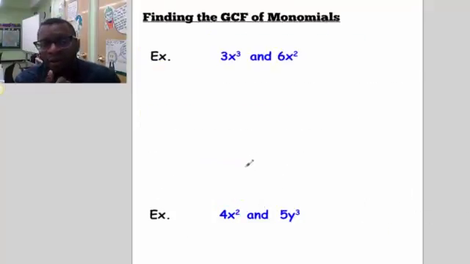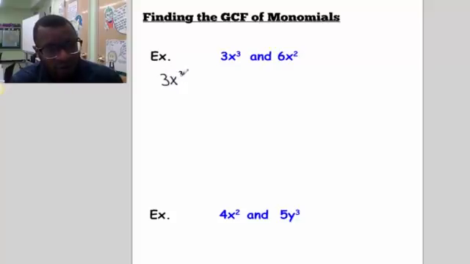Okay, now let's look at an example where we have to find the greatest common factor of a monomial. Right now we've seen how to do it with whole numbers. Now we want to transition that into finding the GCF of monomials, trinomials, and binomials. Okay, so now if we had 3x cubed and 6x squared, and I asked you to find the GCF of these two monomials, we're going to do the same thing as we did with our whole numbers.